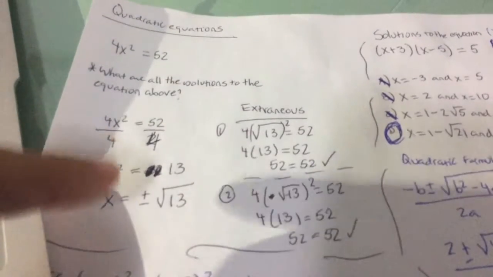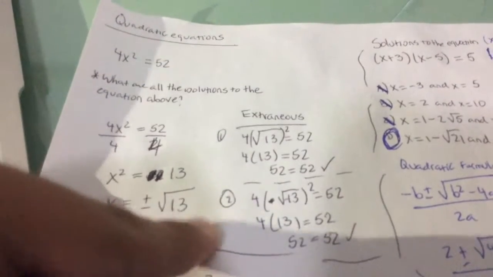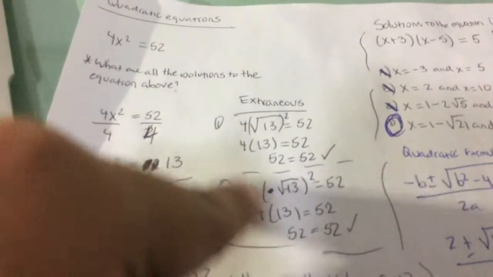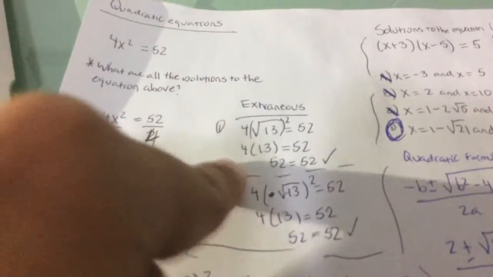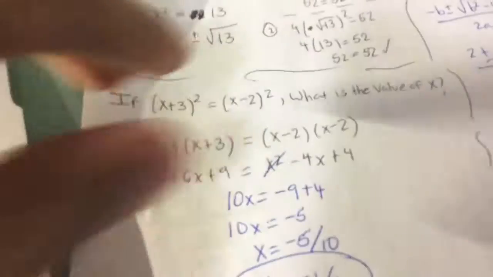Now, if you are running out of time in the SAT, just say, okay, plus 13 minus 13, because that might be the answer. But if you have enough time and you can check in a rapid way, you can do this, okay? Just to confirm that everything is okay.